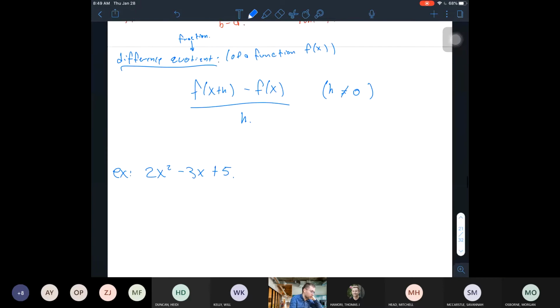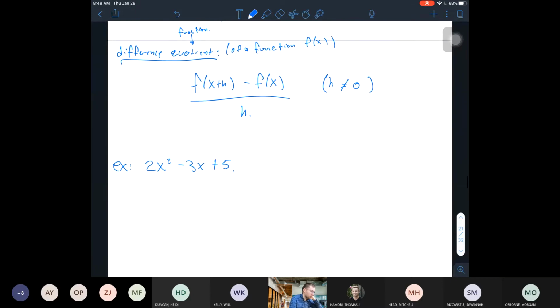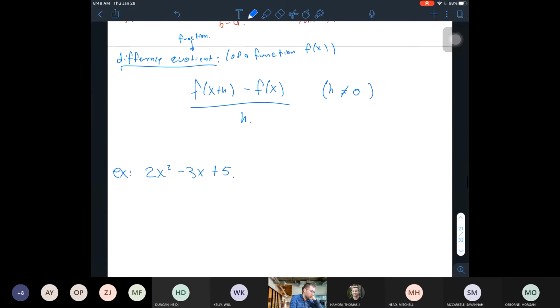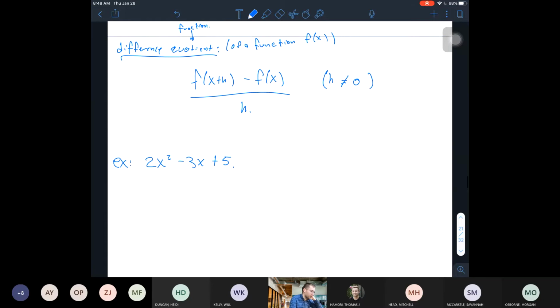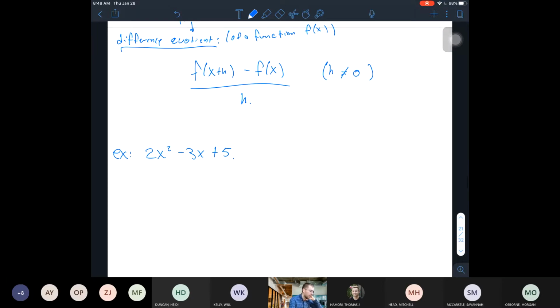And the difference quotient is kind of like a progenitor of the derivative. So in calculus, if you're going to take a calculus course, you will probably learn about derivatives, and this is kind of leading in that direction. So this is why we talk about it in this class. So we just define it to be this quotient of these things here.